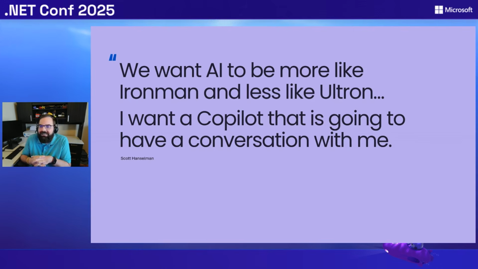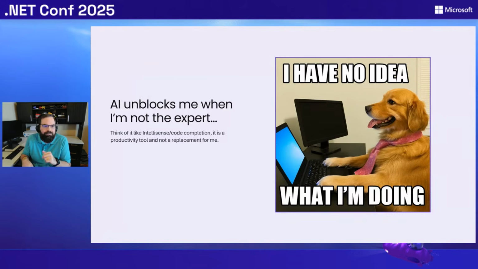AI is not a replacement for people at all, really. Maybe kinda, but it's more of a productivity tool for people, right? I especially like AI when I literally have no idea what I'm doing, like when I'm working on a new code base, or I don't know where to start, or maybe I have writer's block.